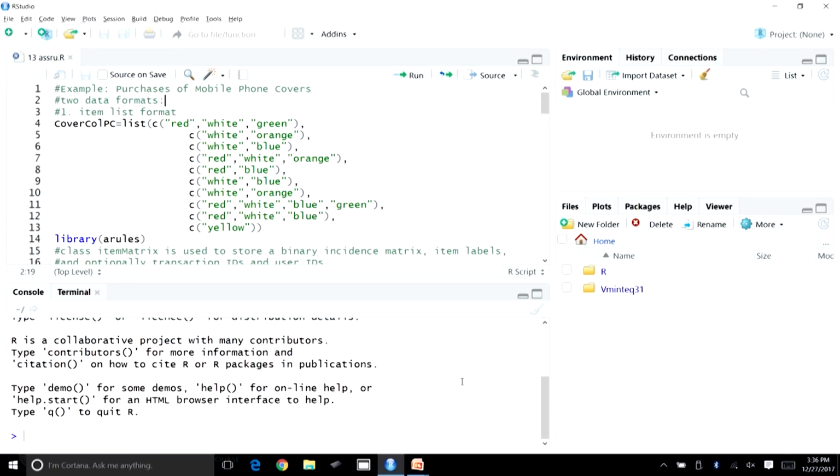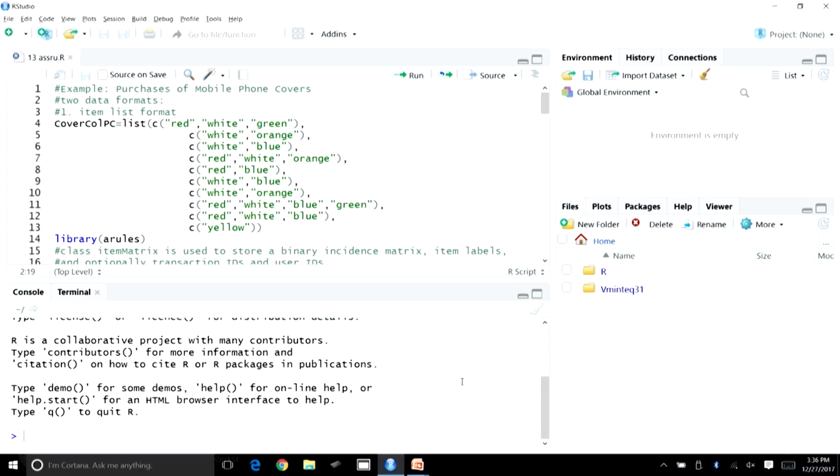However, if the user specified support is 5, then of course the support for this is 4, or 40%, which comes below that user specified minimum support. So in that case this particular item set won't be considered a frequent item set.